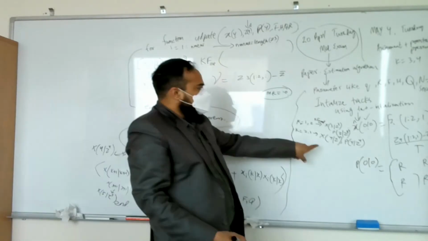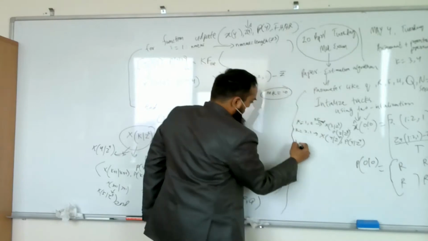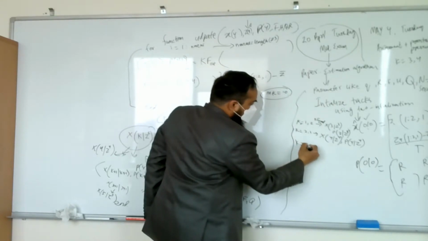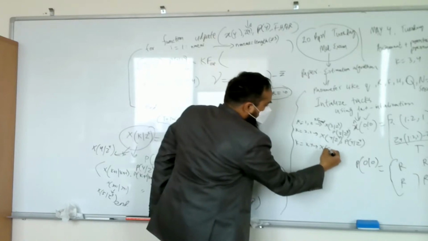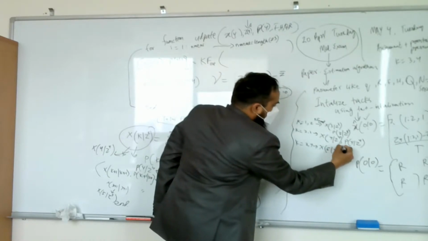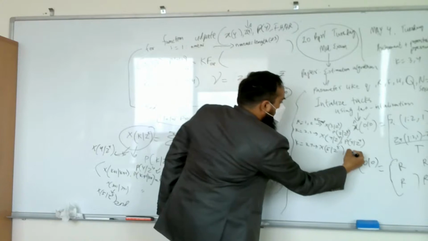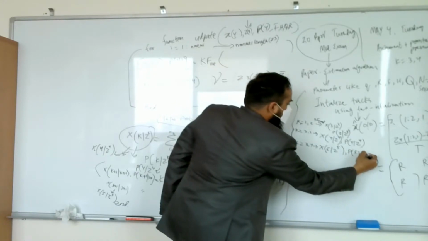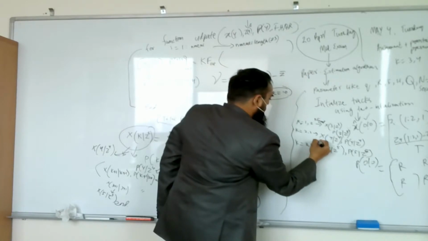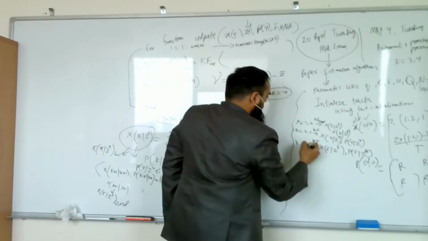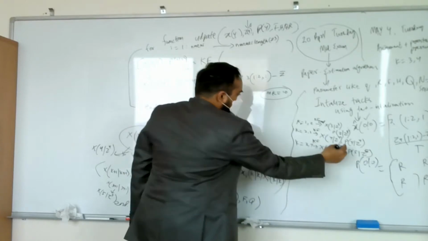Again, when you come here, you initialize from 3 and 4. So this will give you prediction 5|5. Again, this is gamma filter. Then this will come here.